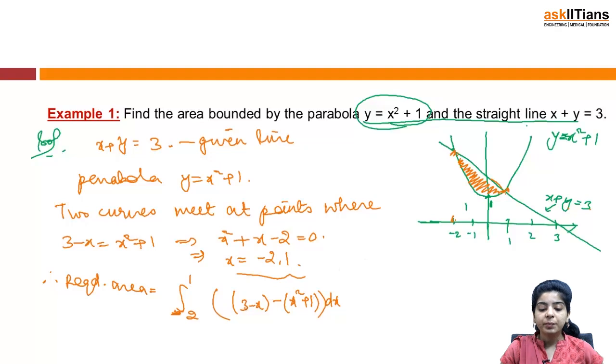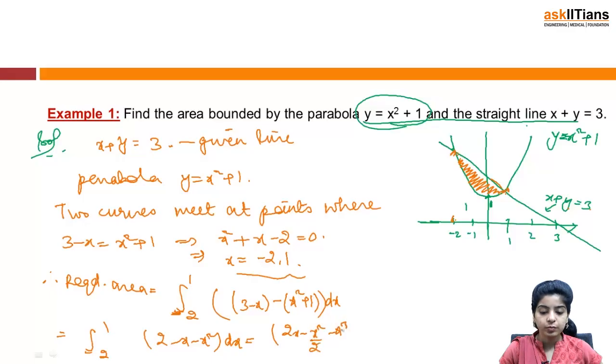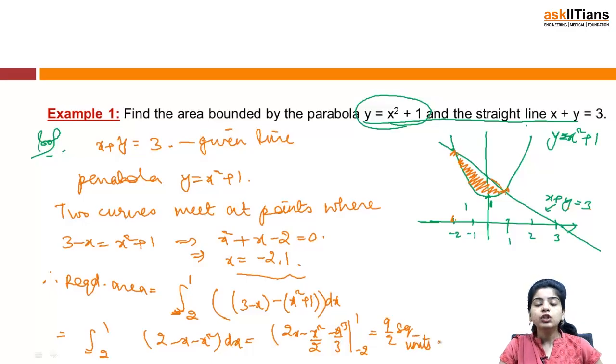So that is integral from minus 2 to 1 of (3 minus x) minus (x square plus 1), which is (2 minus x minus x square) dx, and so you have 2x minus x square by 2 minus x cube by 3 from minus 2 to 1, and you will get your answer as 9 by 2 square units. So this is the required area. Once you draw the figure, the picture is clear in front of your eyes and you can easily compute the area.